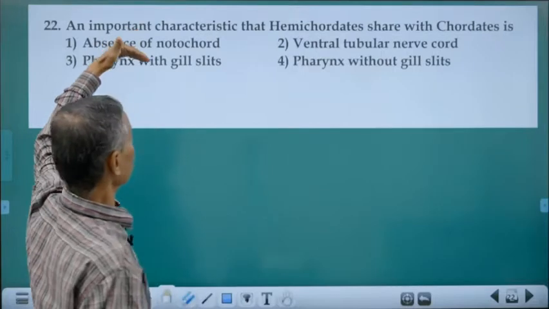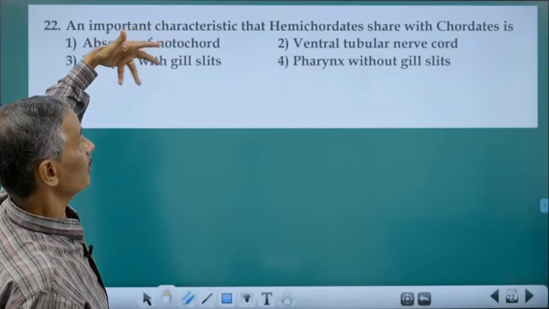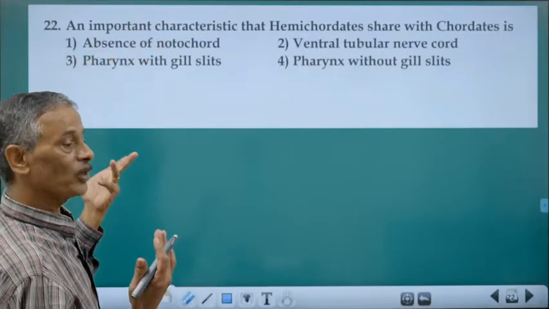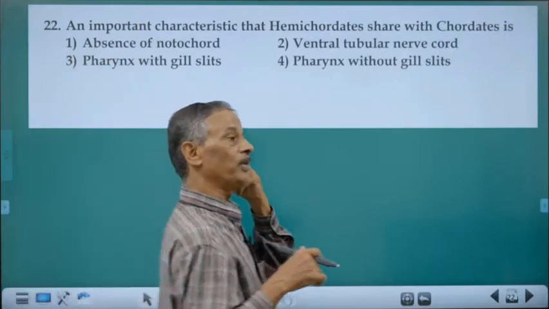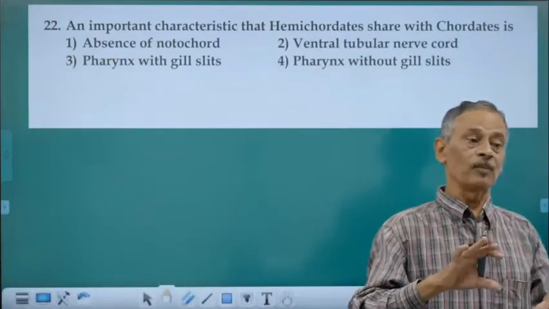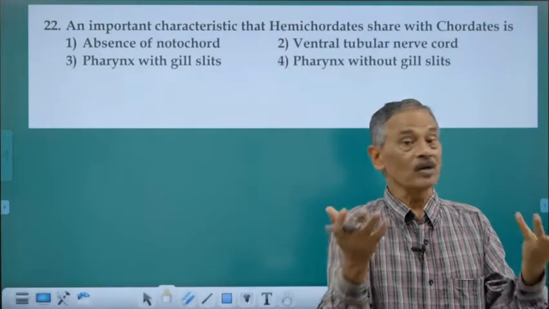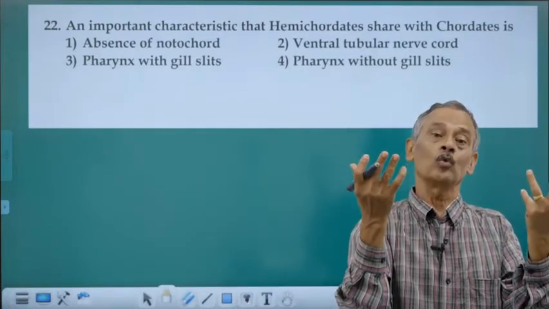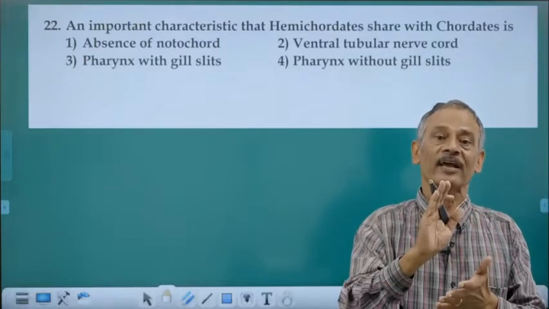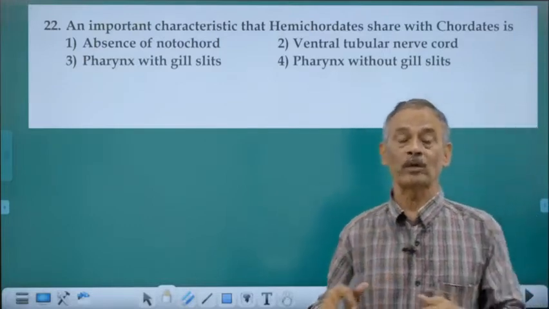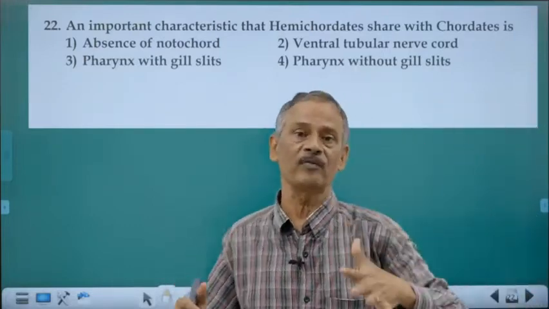An important characteristic that hemichordates share with chordates. Hemichordates were once treated as chordates, but now we have separated them. Why? Because they don't have a true notochord. Instead, they are having a stomatochord, which is arising from the roof of the buccal cavity.